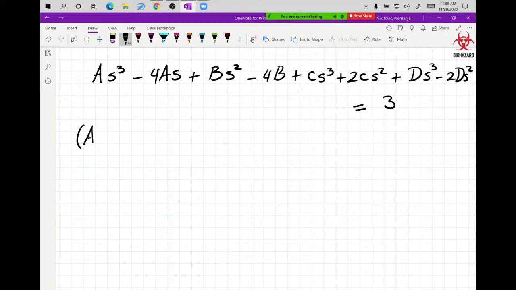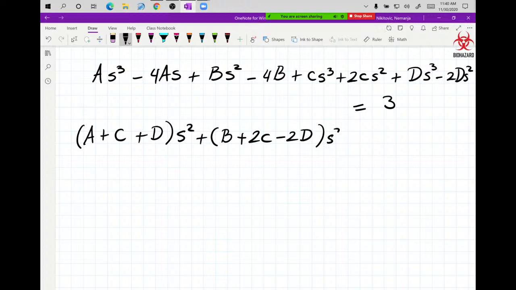For cubes, I have A plus C plus D for s cubed. Plus, now squares, we have B plus 2C minus 2D for s squared. Plus linears, I just have one linear, minus 4As, and minus 4B. Well, that's easy.